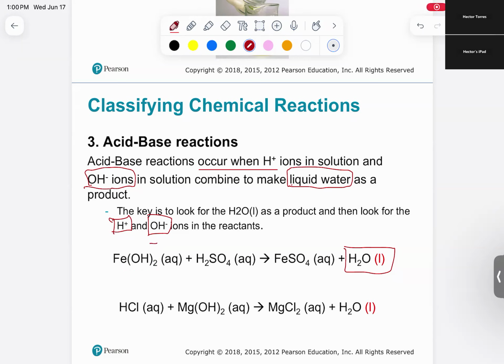That's how I can tell there's my OH-. How can I tell it's OH-? One, it's a polyatomic, so we kind of have that charge memorized, but also we can see it's bound to iron. Iron is a metal, OH- is a non-metal, so that's going to make an ionic compound. So we have 2 here with that iron, so we know that that's our OH-.